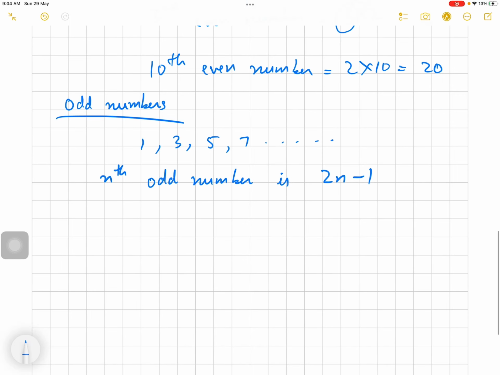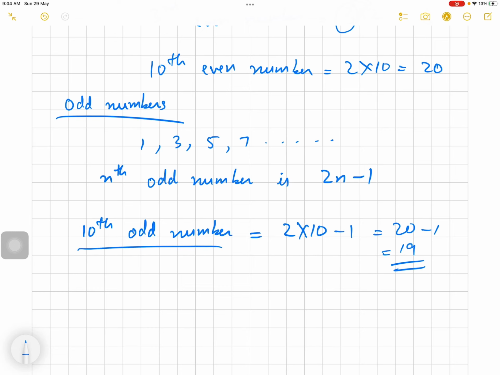Now which one is the 10th odd number? 2n minus 1. 2n means 2 into 10, minus 1. 2 into 10 is 20, 20 minus 1 is 19. So the 10th odd number is 19.